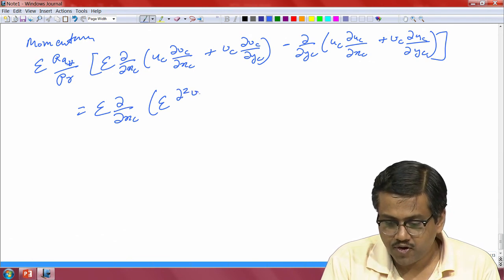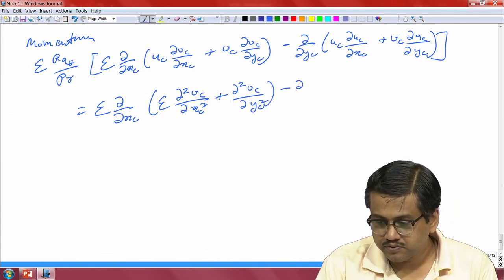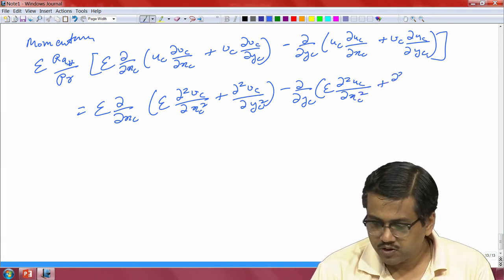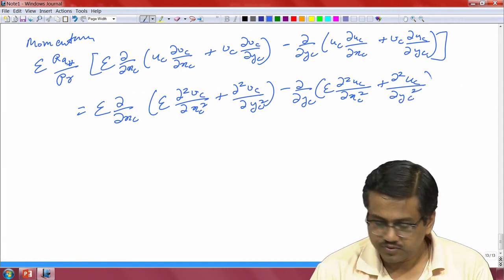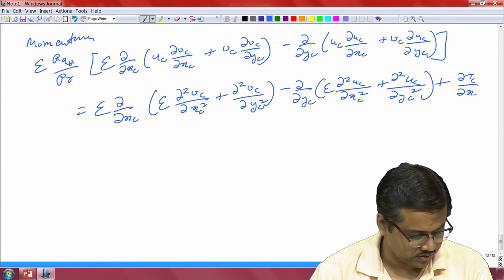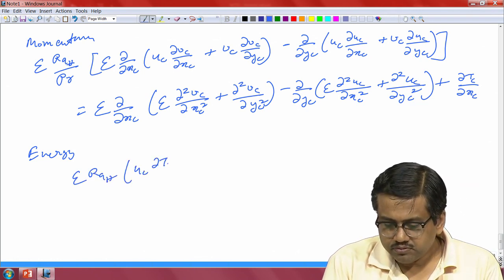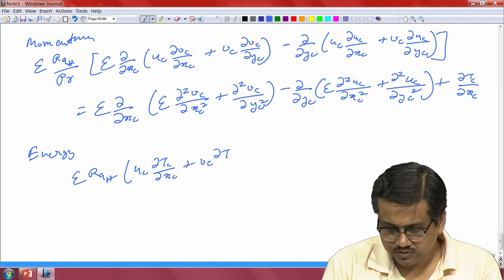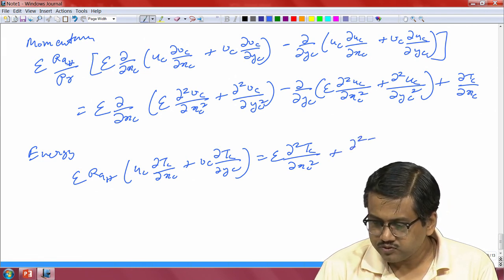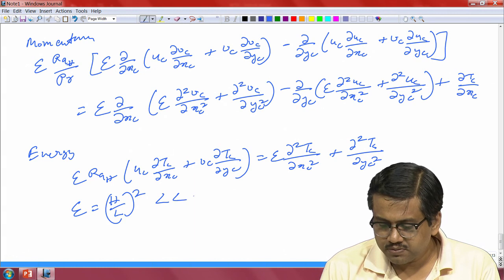Plus, similarly the energy equation now, where epsilon is basically (h by L) square, which is much less than 1.